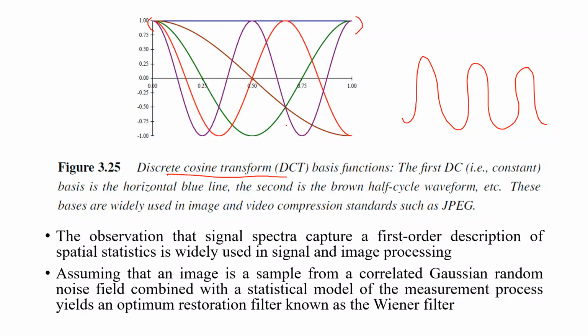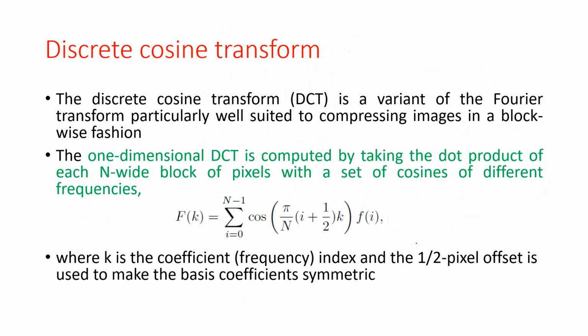One is straight, one is somewhat bent, right? The straight one represents low frequency, which is the smooth region, and the one which is increasing in frequency represents the sharper edges. So the Wiener filter is mostly used to clean images. Next, we are going to focus on the discrete cosine transform.